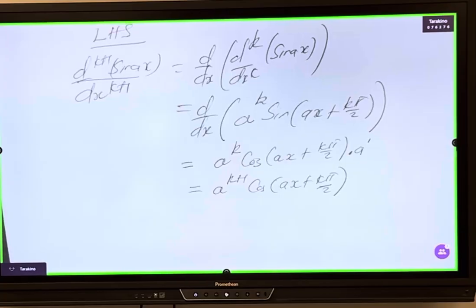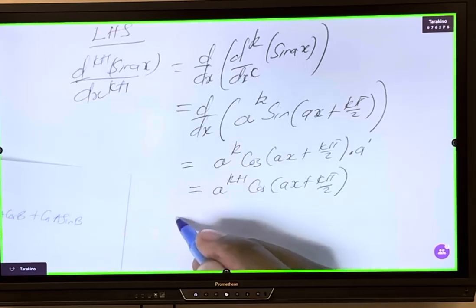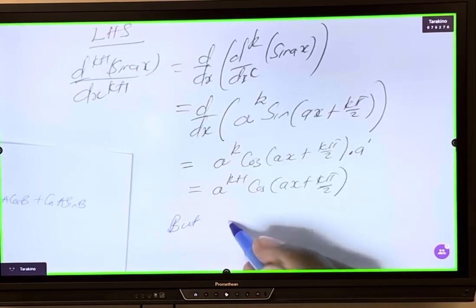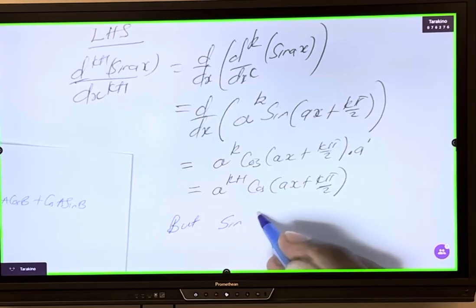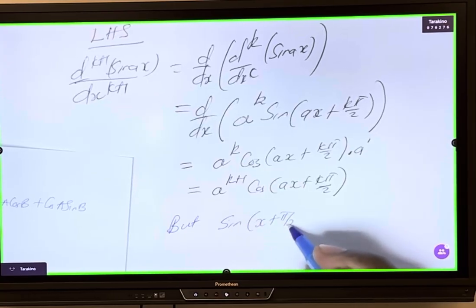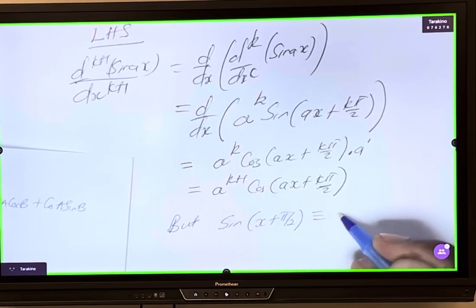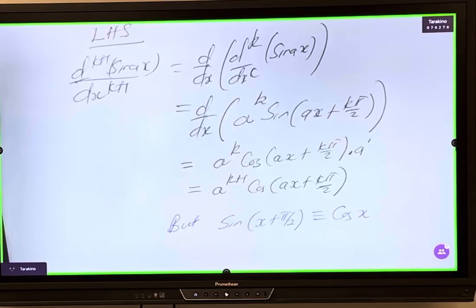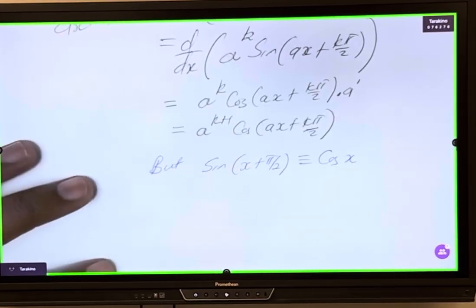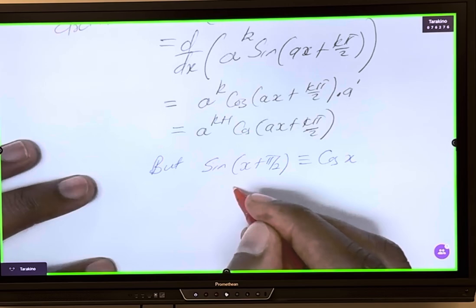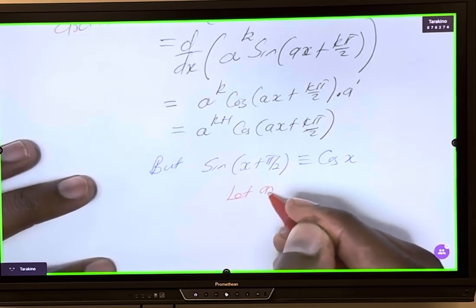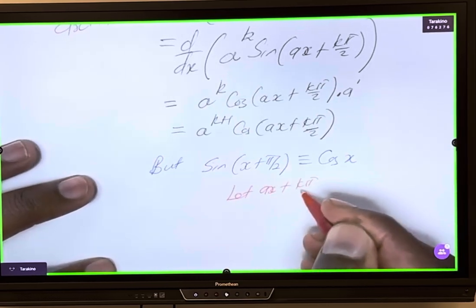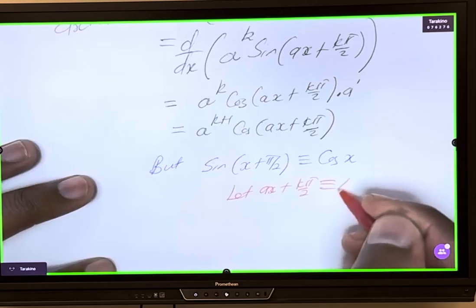So I am going to rewrite this, but from the first step, we know that sine of x plus pi over 2 is identical to cosine of x. So what you can do as a mathematician, for now, you can say, okay, let ax plus k pi over 2 be identical to x.